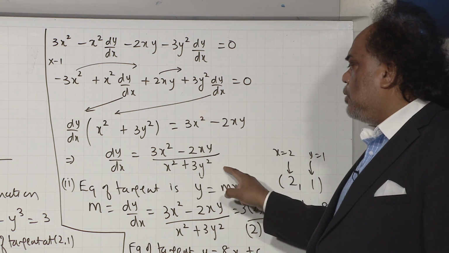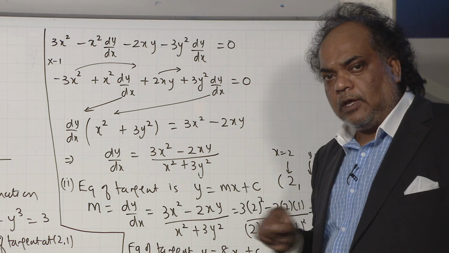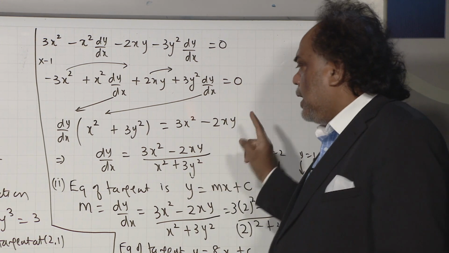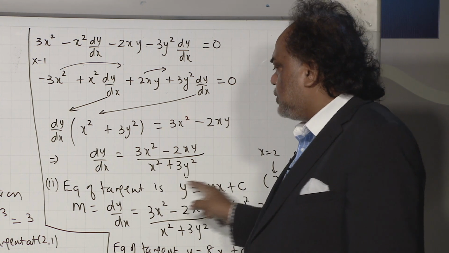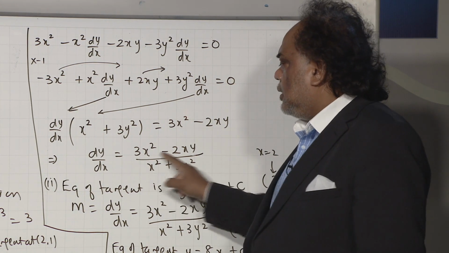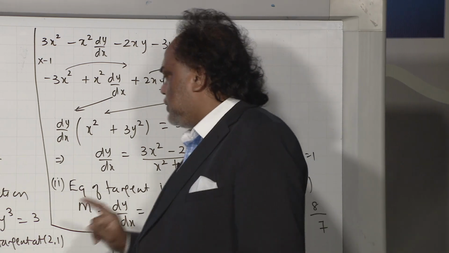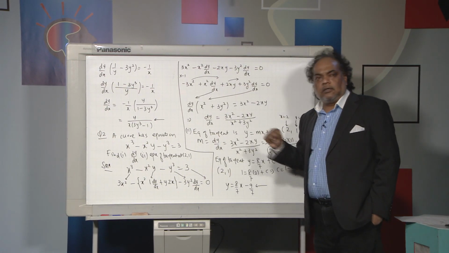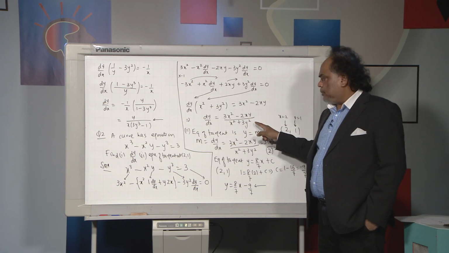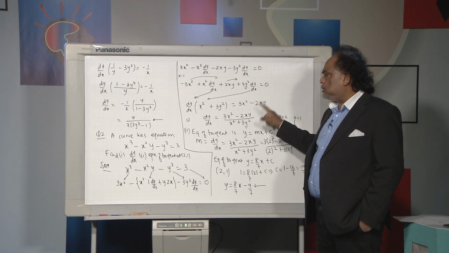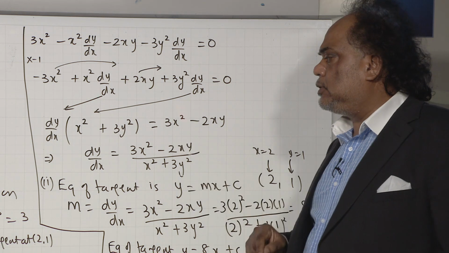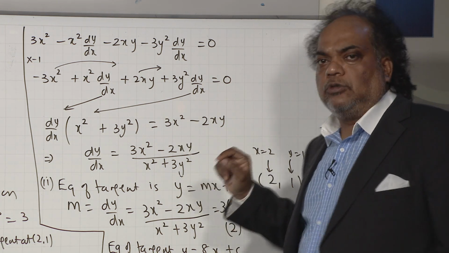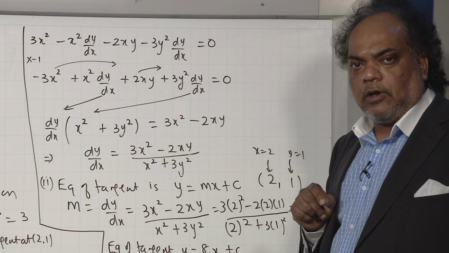So again, I will not get a value here when I equate the denominator to 0. I will get an expression. I'm going to get an equation here. I'm going to solve this equation with the equation of curve simultaneously. Just as in the previous case, we would have solved the two equations simultaneously in order to obtain the coordinates of x and y.